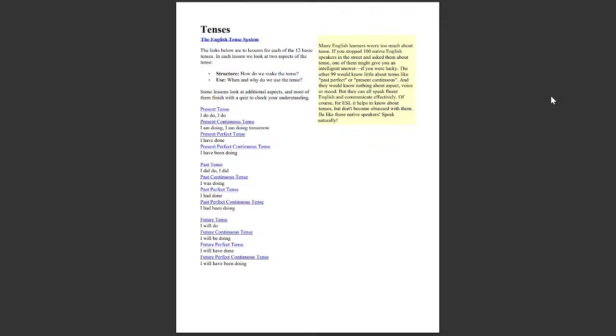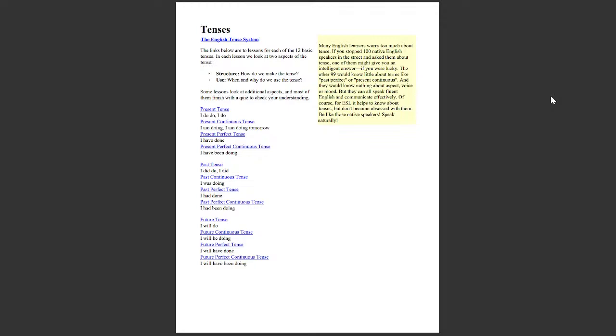The same pattern we also have for the past tense: I did. Did is a word which says about the past tense. Past continuous tense: I was doing. Past perfect tense: I had done, it's already done.